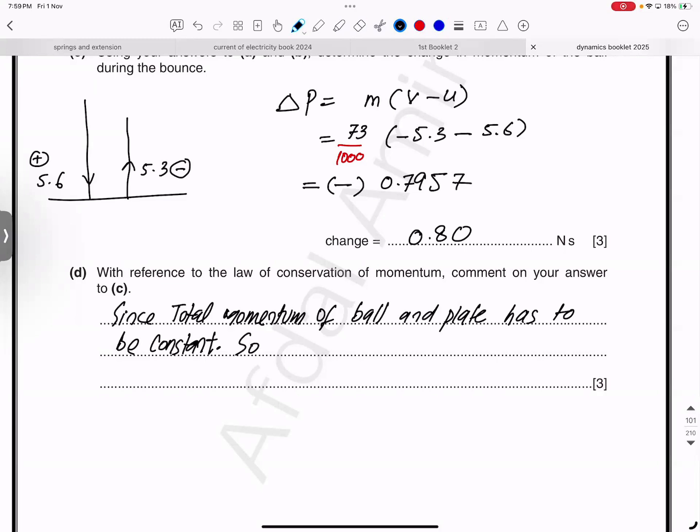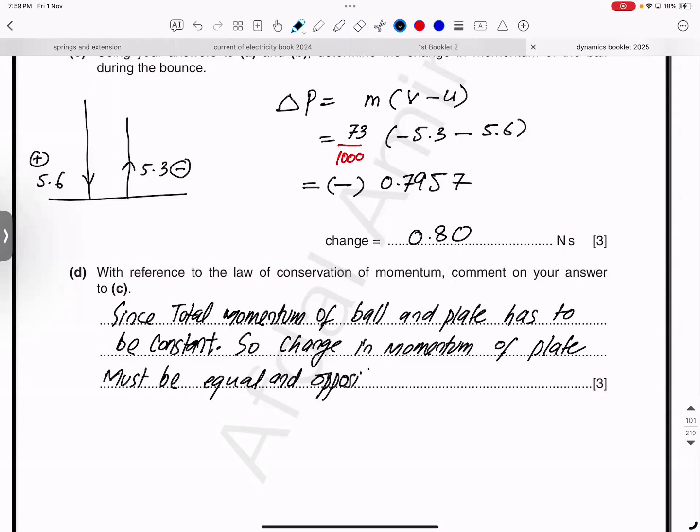So change in momentum of plate must be equal and opposite to, what is the answer? 0.8 newtons.